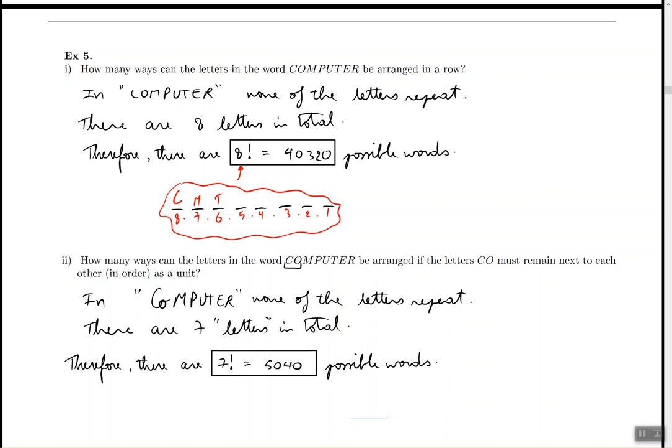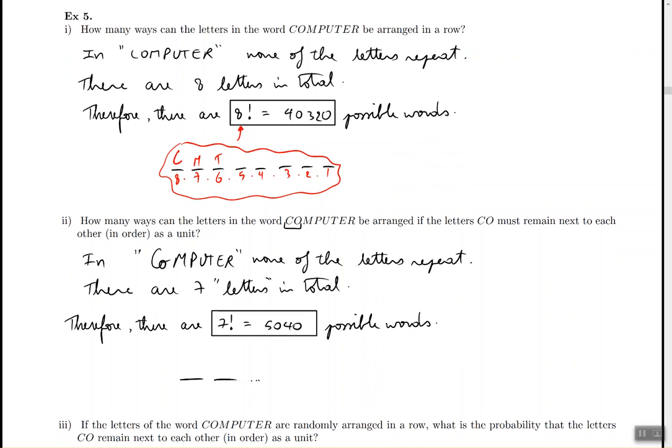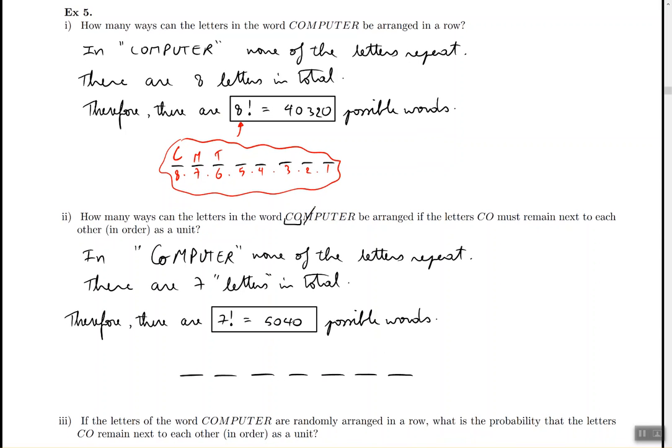You can see the amount went down tremendously just by losing one of the letters. That's because now you have fewer available letters. If you think about it this time, there are 1, 2, 3, 4, 5, 6, 7 letters. When you choose the first one, you've got 7 choices, either CO or M, P, U, T, E, or R. So there are 7 ways of choosing that first letter. Let's say you pick M. Then the next letter has to be chosen.